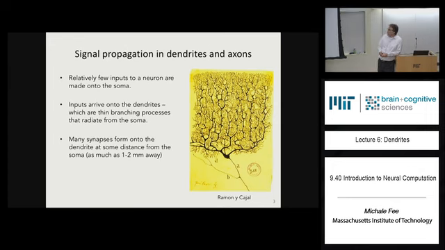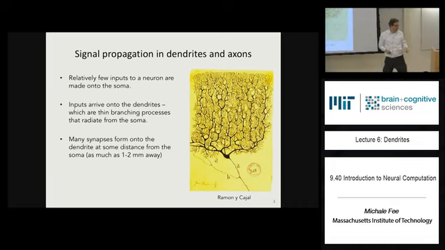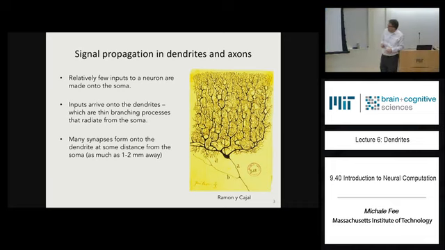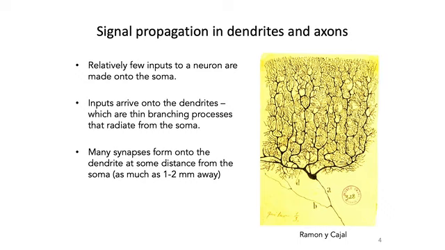So there's a population of neurons in deep layer 5, some of you may have heard about, that have dendrites that reach all the way up into layer 1, and those dendrites can be as long as a couple millimeters. So we really have to think about what this means, how signals get from out here in the dendrite down to the soma, and that's what we're going to talk about today.